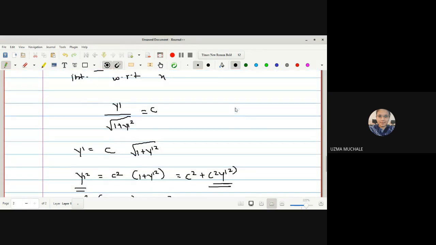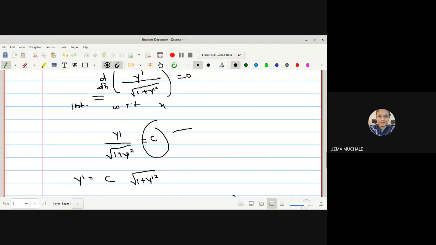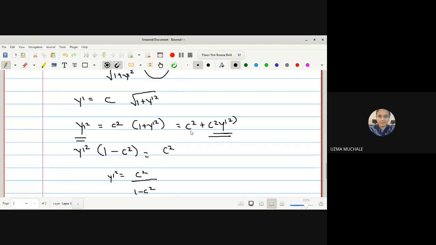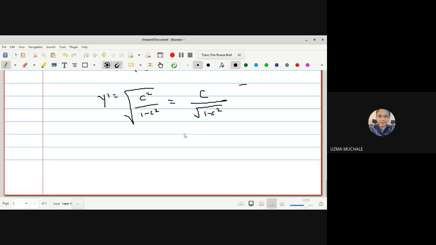In this step you integrated, and c is a constant of integration. So c upon under root of 1 minus c square is again some constant. I can name it as some k. Is the idea clear for this step? Constant, yes, c upon under root of 1 minus c square is also a constant, right?